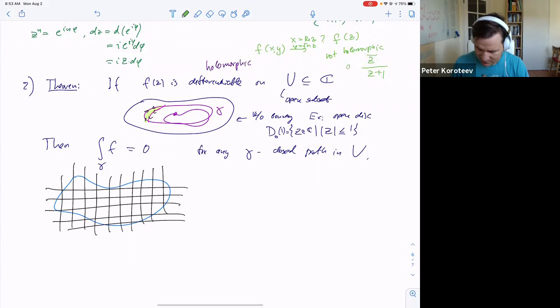So this function g of z is not holomorphic because it depends on z bar. If you have a function of two real variables and you wish to rewrite it as a function of a single complex variable, it is holomorphic when you write it only as a function of z, not z bar. Does that make sense?